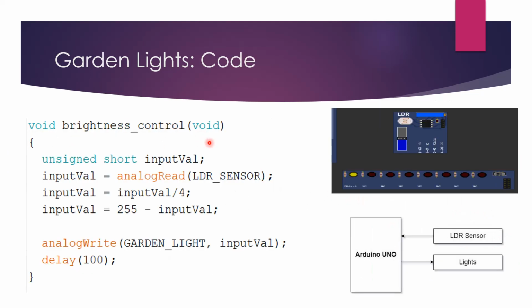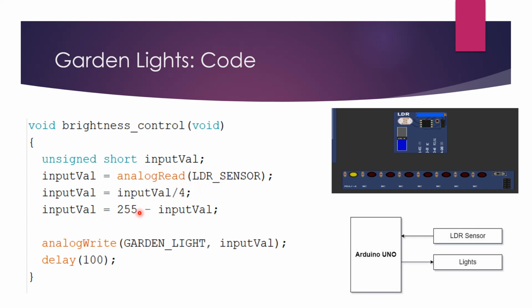This here is the function which we use in the Arduino IDE for brightness control of the garden light. So the input value would read the value from the LDR sensor, and this value would be divided by 4 to bring it down into the range of 0 to 255 from the range of 0 to 1024.